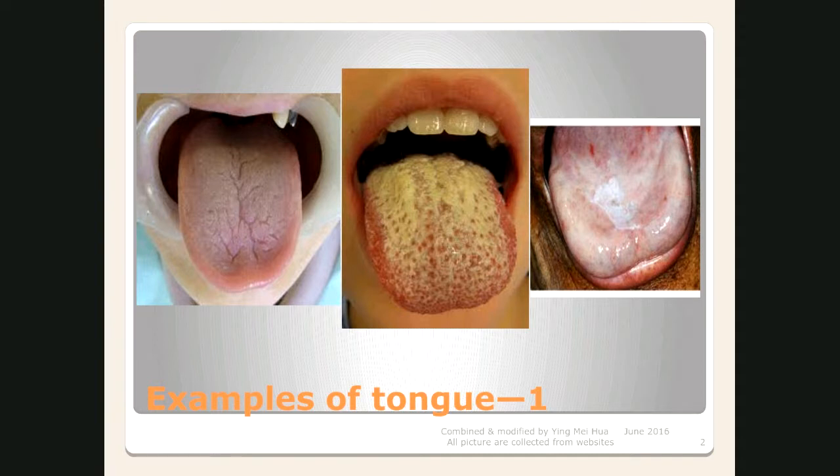Because when you're checking the tongue from the left side to the right side, does the left side tongue coating equal the right side? Or here you can see something's missing. We all can see that, yes? And also you can see the right side of the tongue is a little bit bigger than the left side.